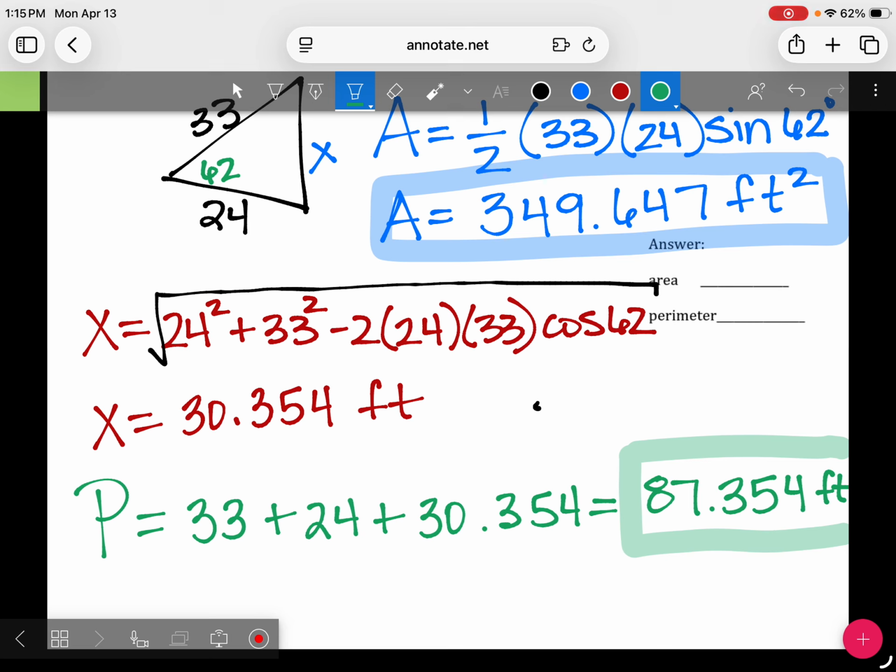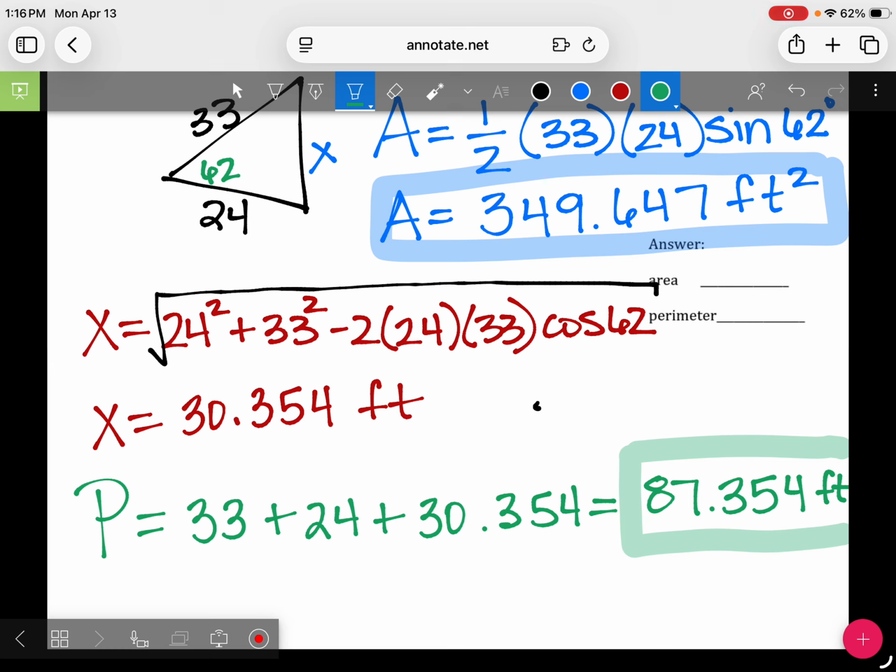That's what I got. So you don't have to break it apart.